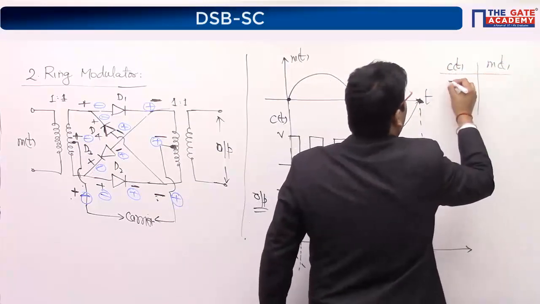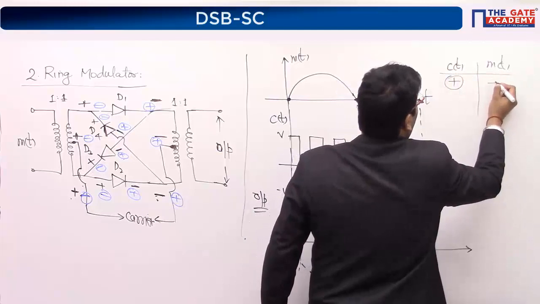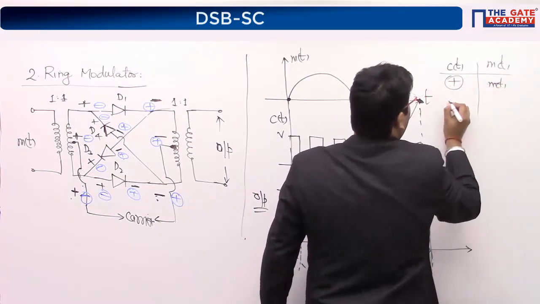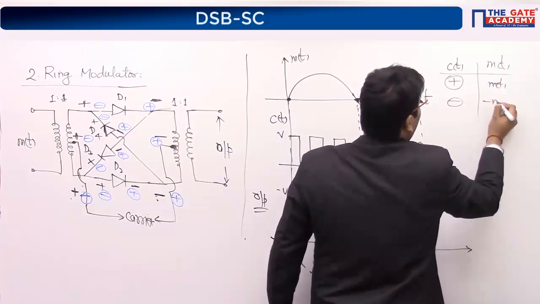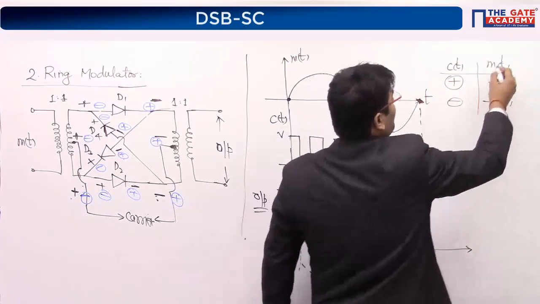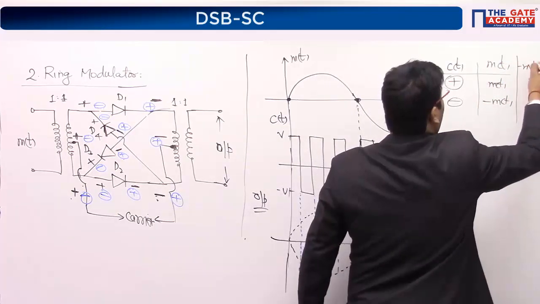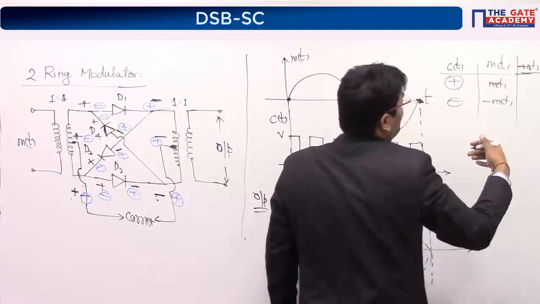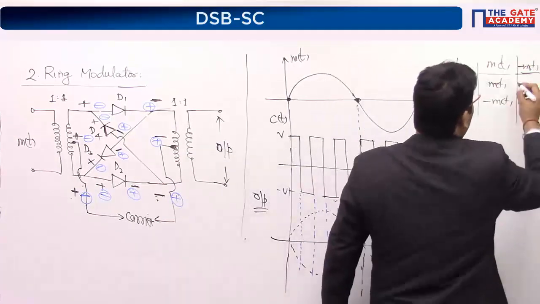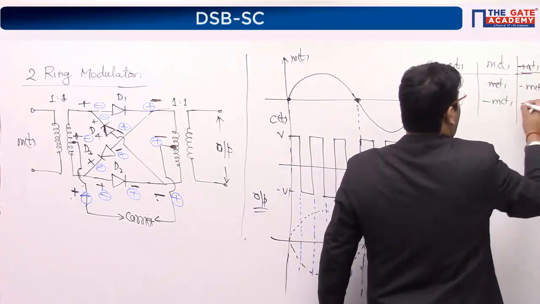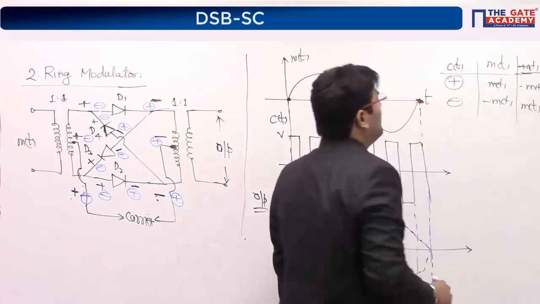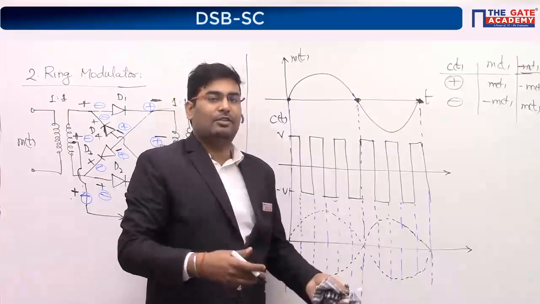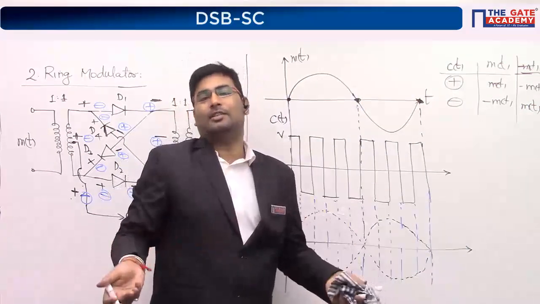Now remember, when c(t) is positive, you get m(t). When c(t) is negative, you get minus m(t). When you give m(t). But when you give minus m(t), it will also change. So guys, the third table is if you give the negative polarity of message, minus m(t), it will become minus m(t) and it will become plus m(t). So it's very simple. Minus into minus is plus, plus into minus is minus, minus into plus is minus, plus into plus is plus. Simple.